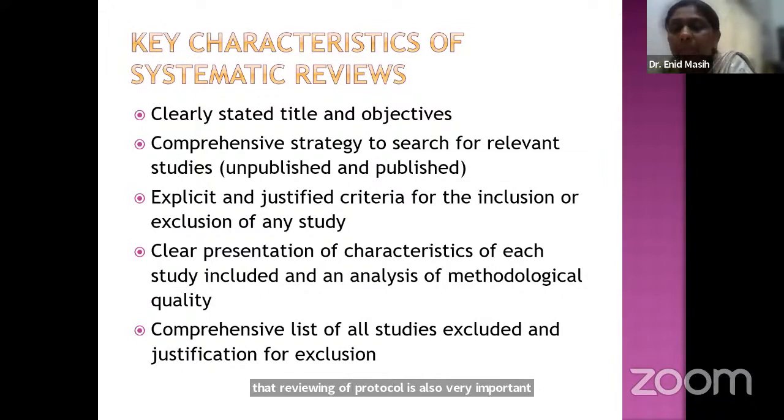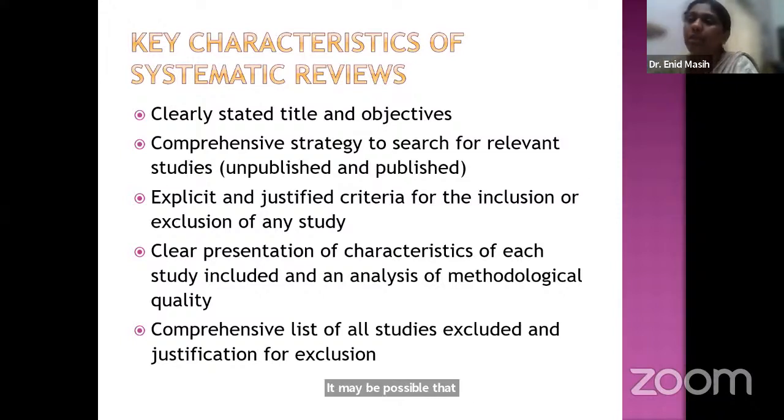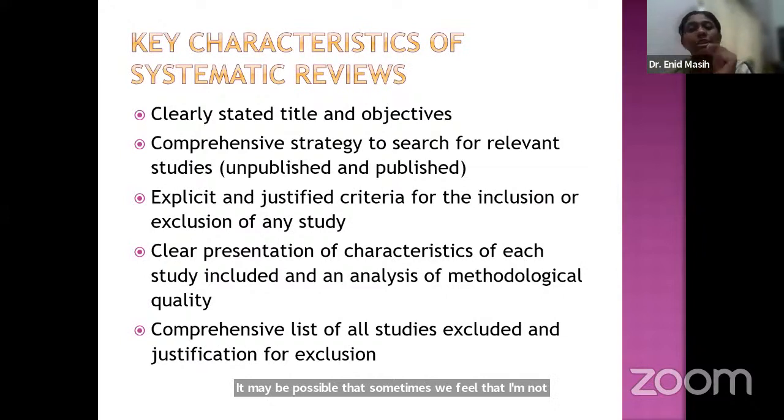It may be possible that sometimes we feel that I am not able to define my protocols properly. Then you have this opportunity to review your protocols properly, so that you can write them in a proper way, and then you can start doing your literature review accordingly.